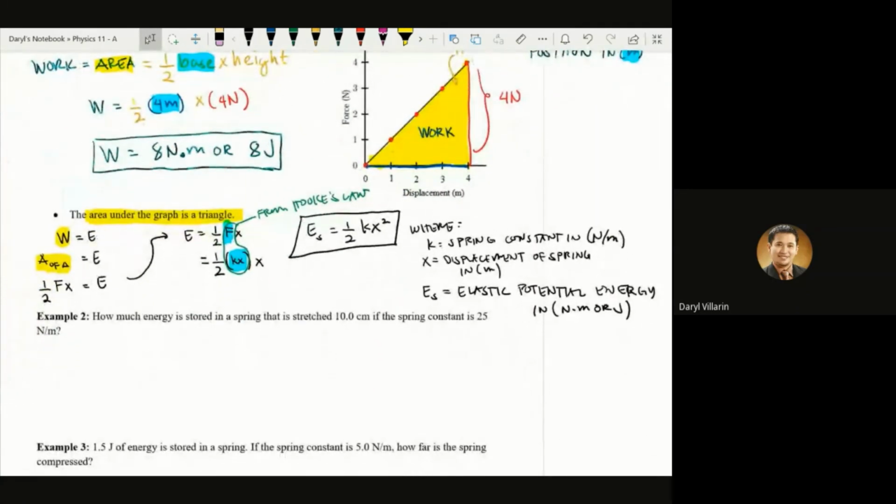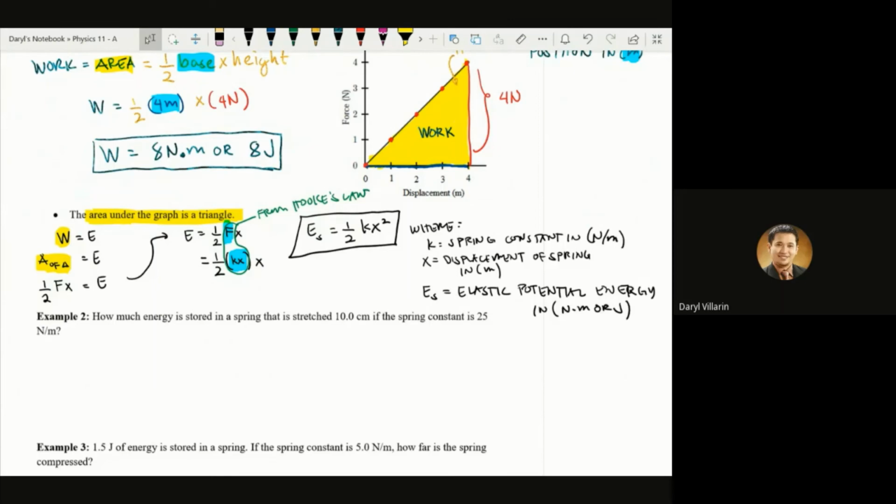Okay, and just try to remember the different units that you use there. If you are looking for the displacement, the final answer should be meter, as long as the value of k is in Newton per meter and the elastic potential energy is in joule.